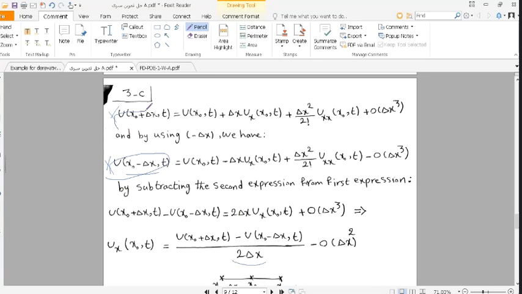When we subtract these two expressions, we have the 2 delta x in the formula.